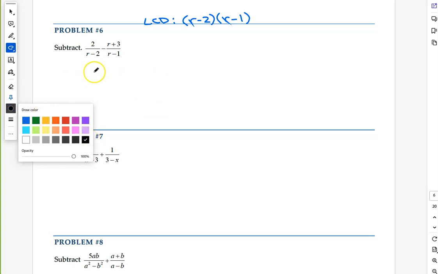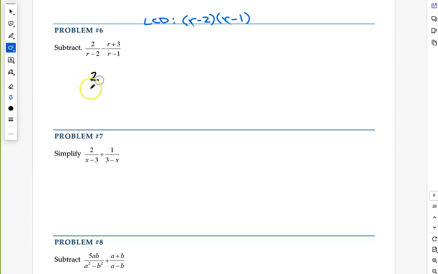So I'm just going to rewrite what I have here. So 2 over r minus 2, and then minus r plus 3 over r minus 1.